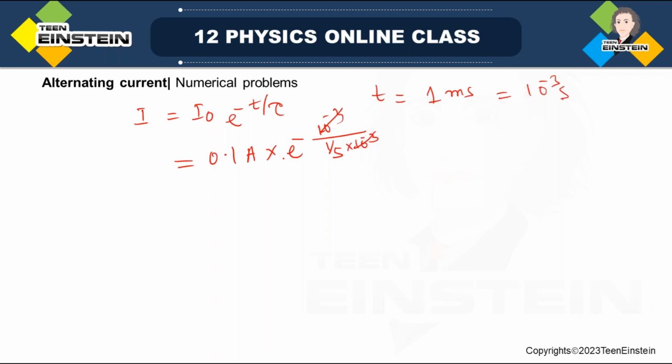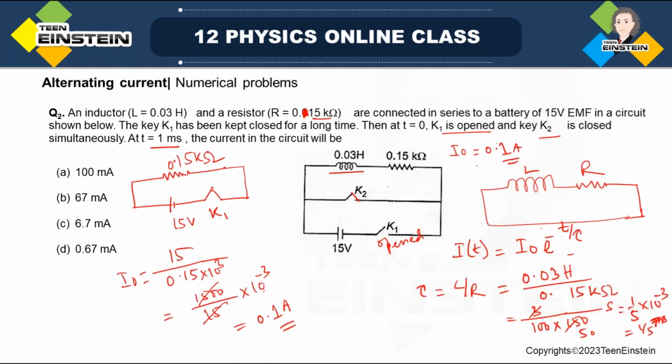e to the power, just one minute. 1 over 5. We're going right. 10 to the minus 3, that is fine. So 1 over 5 millisecond, that is also fine.